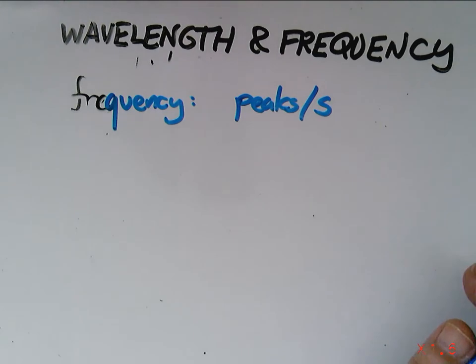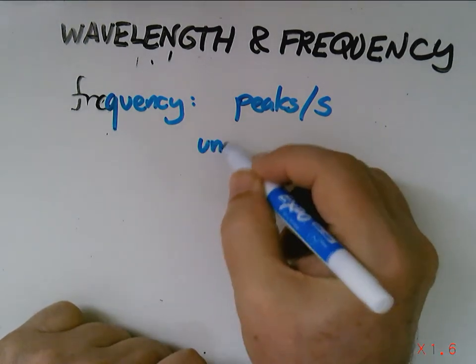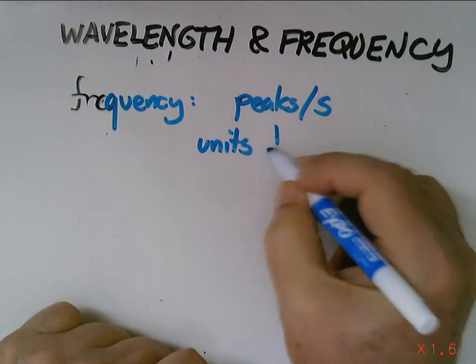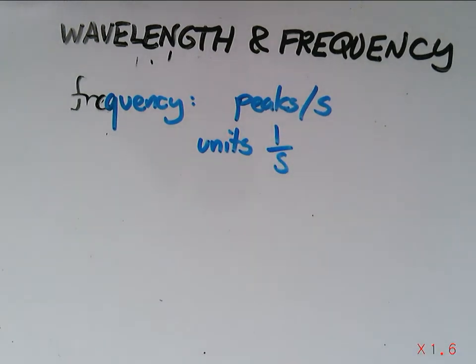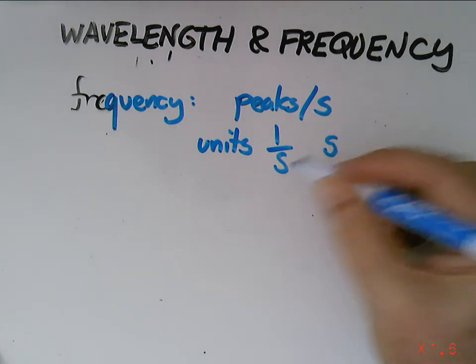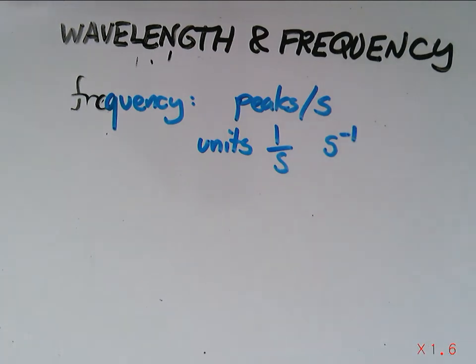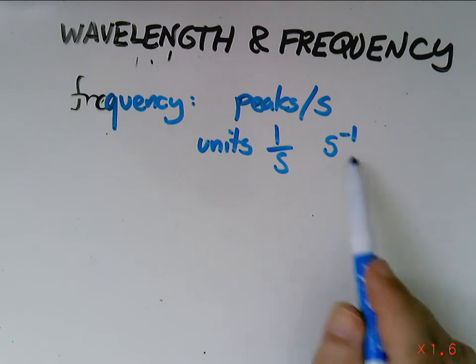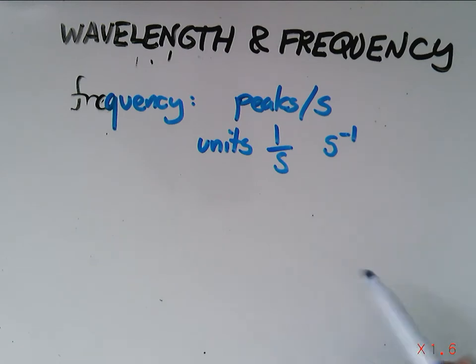Well, peaks is just a count, and it's not really a unit. So you can say that the units are going to be 1 over seconds. Those are the units of frequency. And you can write that a different way. You can write that as seconds to the -1. Since 1 over x is x to the -1, you can write the units as seconds to the -1 too.